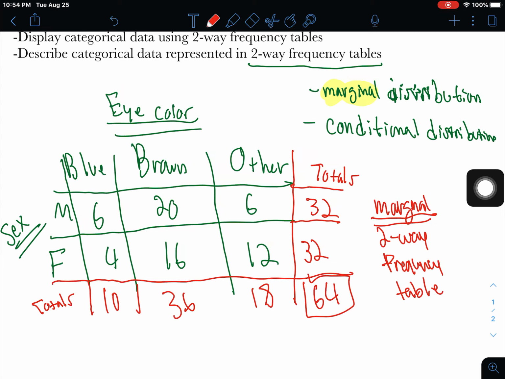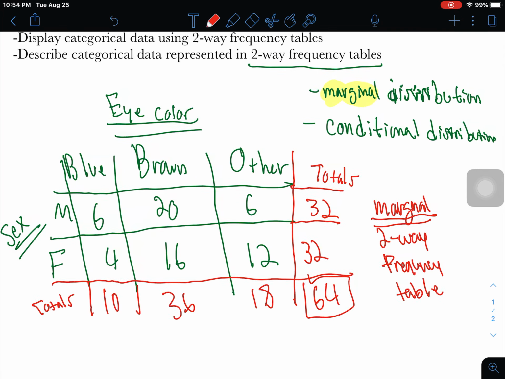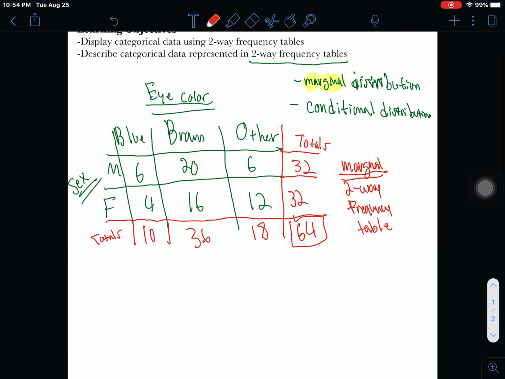All right, so we'll come back to conditional here in a second. I want to let that sink in a little bit, and then we're actually going to answer a few questions that I think will help better explain the vocabulary here. So, two-way frequency table, marginal two-way frequency table.